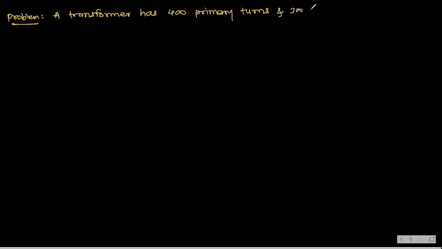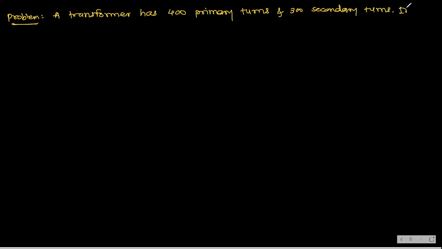So let's solve some problems on this. Very simple problem. A transformer has 400 primary turns and 300 secondary turns.